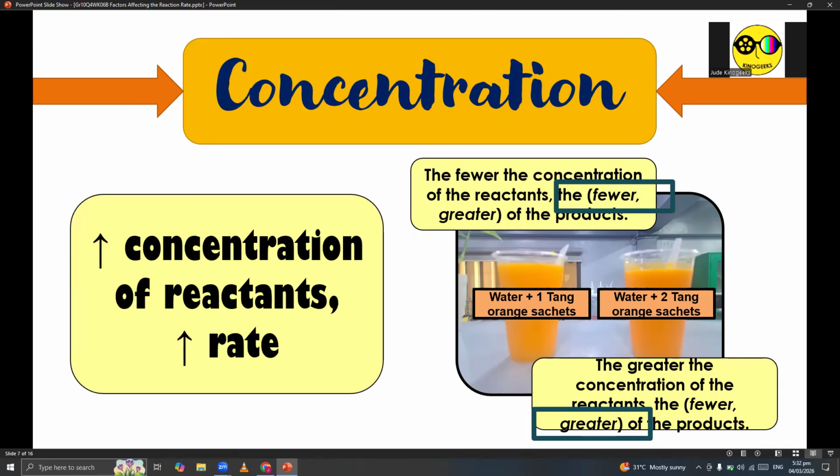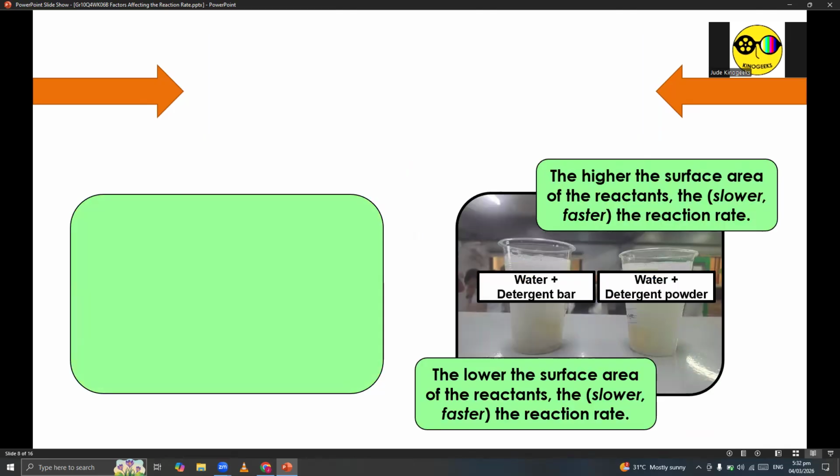Okay, moving on to the third exhibit, wherein I ask you to dissolve 1 tablespoon of detergent bar in water, and the other setup wherein I ask you also to dissolve 1 tablespoon of the same detergent powder with water.